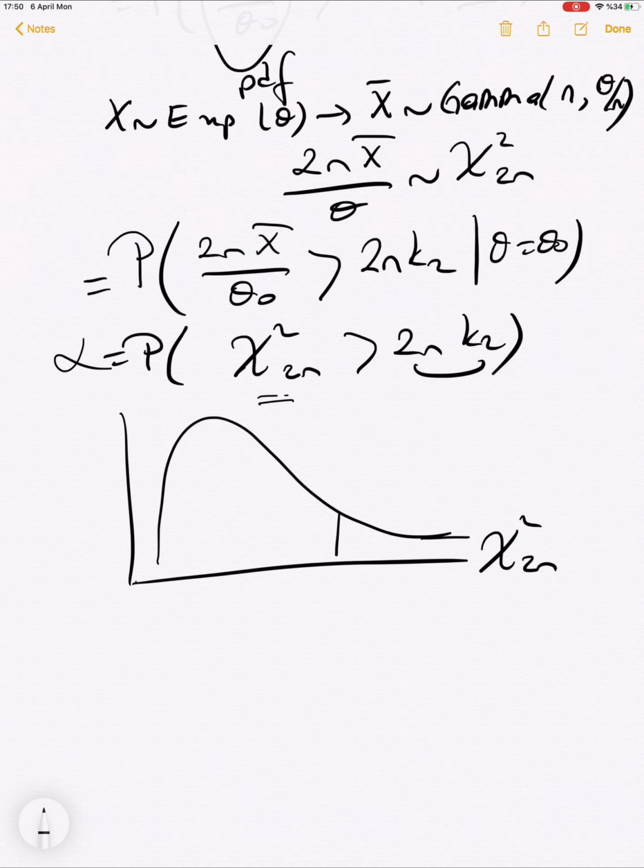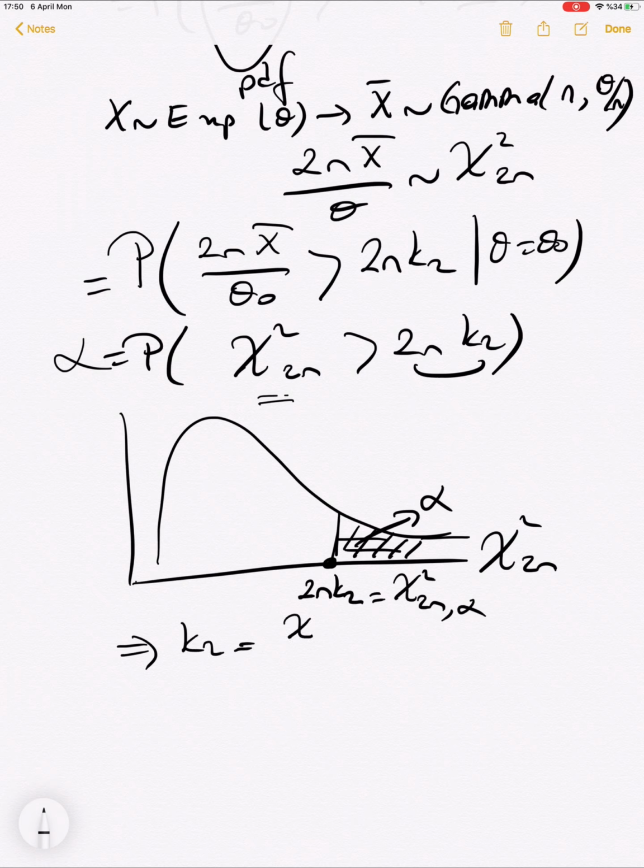So I'm talking about the upper tail probability here. It is like 5%, 1%, whatever that is. So this point is this one. In terms of chi-square, you know the value, it is 2n degrees of freedom. I am using the upper tail probability alpha. Then I can define my k2 as chi-square 2n alpha over 2n.